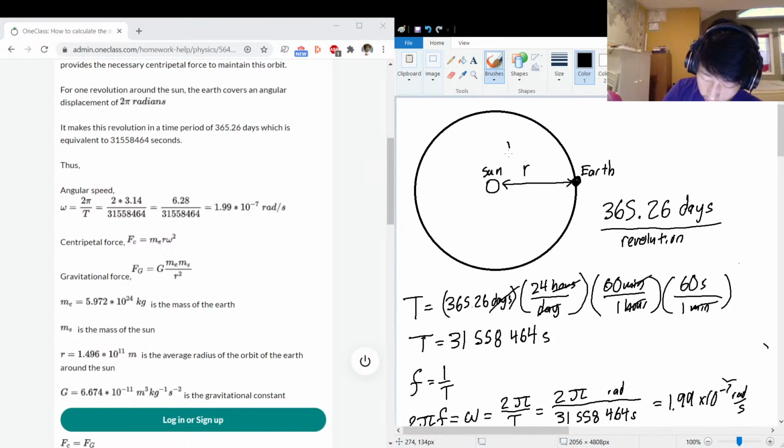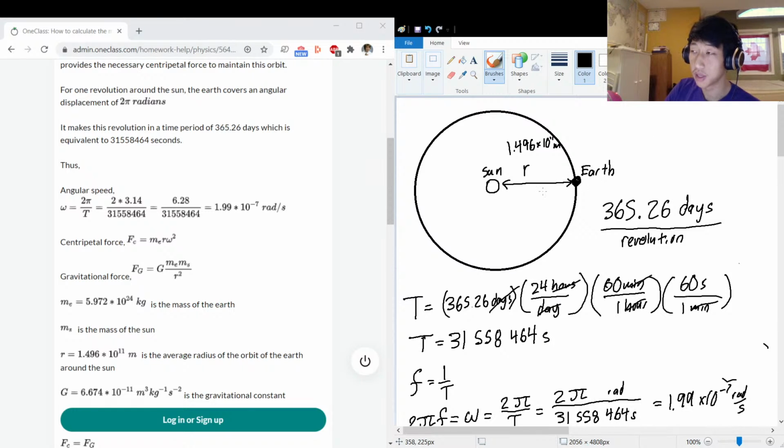That is 1.496 times 10 to the 11 meters. That's r. Quite a far distance. I know it takes about 8 minutes for light to get from the sun all the way to here. So, interesting stuff.